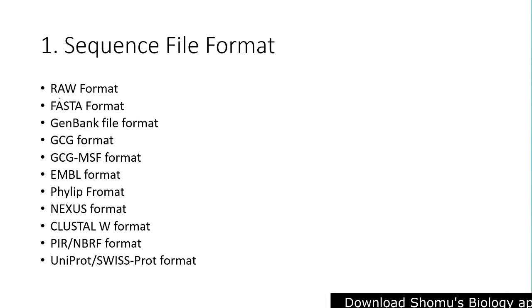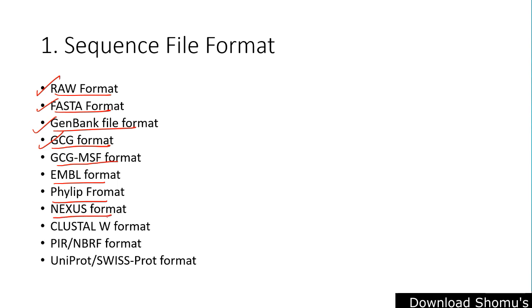Examples of sequence file format. These are all examples of sequence file format. So we have raw format, Fasta format, Genbank file format, Gcg format, Gcg-msf format, Embl format, Phylip format, Nexus format, Clustal W format, PIR nbrf format, Uniprot swiss-prot format. So many different kinds. They have their own format.